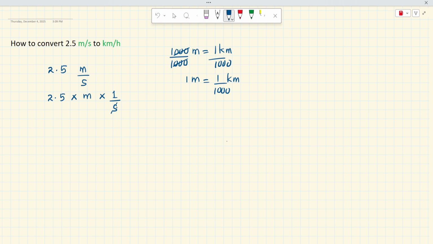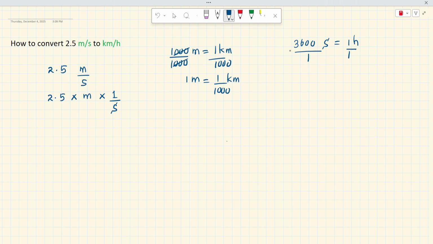Now we have to convert seconds to hours. You know 3600 seconds equals 1 hour. 3600 seconds I can write here 3600 over 1, and right hand side also I can write 1 over 1h.